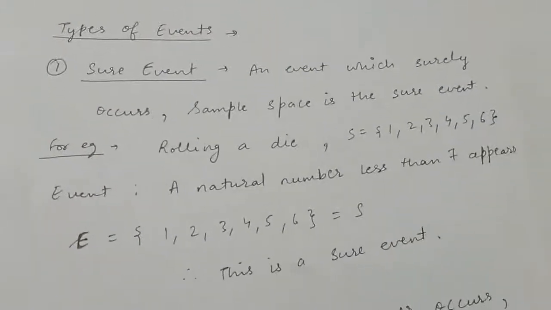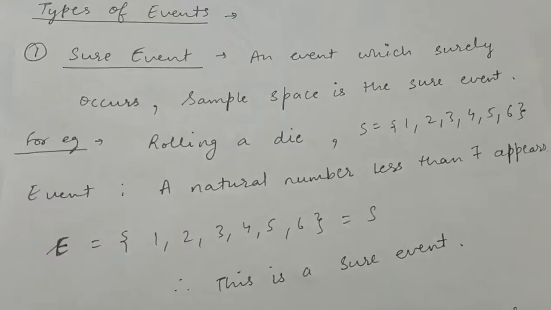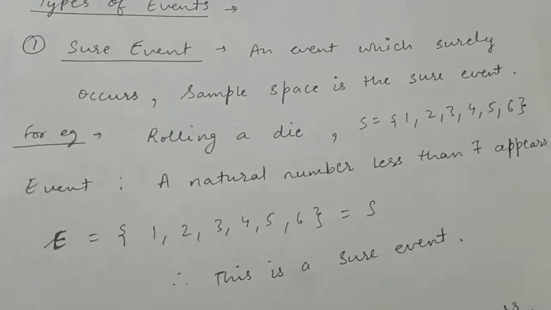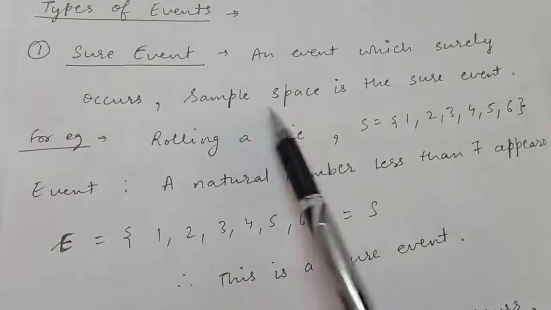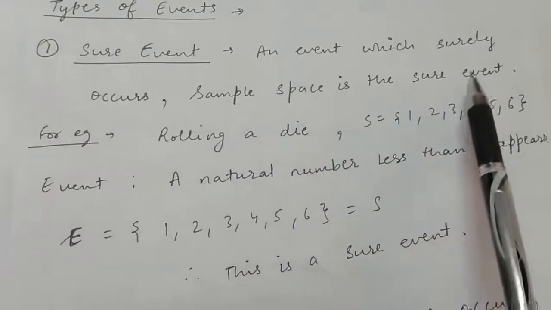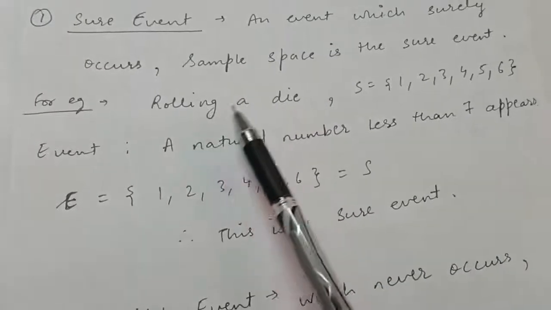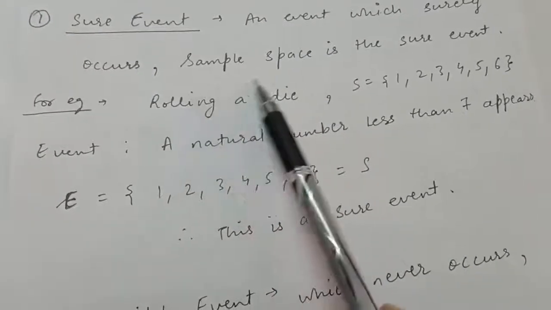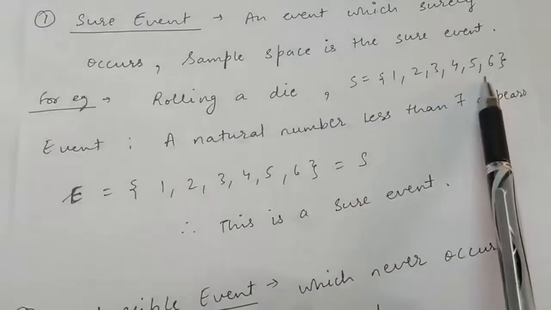Now there are many types of events. First is the sure event. An event which surely occurs is known as a sure event. So we call the sample space the sure event. Why? Understand this with an example, the experiment of rolling a die. Now the sample space will be this.